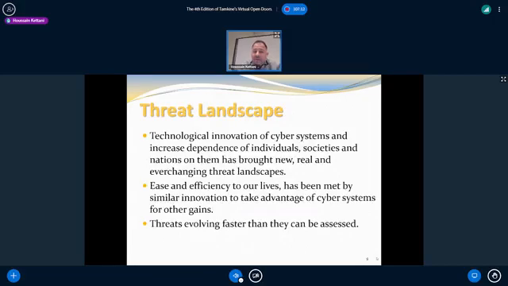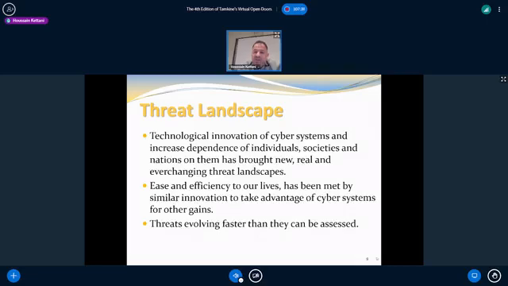So there is a threat landscape. Technological innovation of cyber systems, and the increased dependence of individuals, societies and nations on them, has brought a new, real, and ever-changing threat landscape. When we make things easier and more efficient in our lives, it has been met by similar innovation to take advantage of cyber systems for other gains.